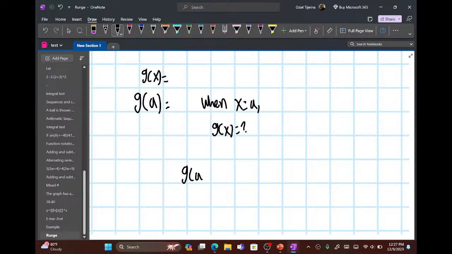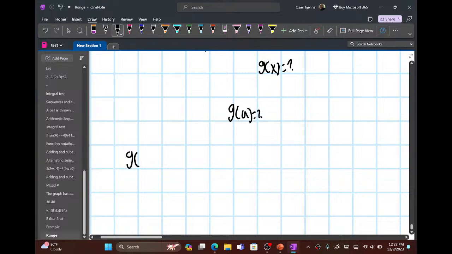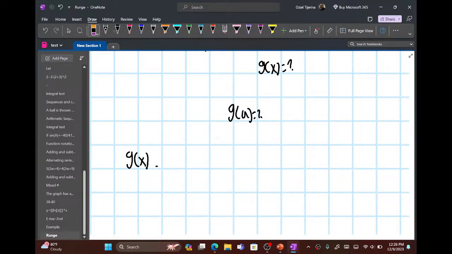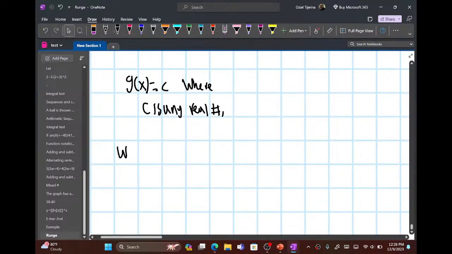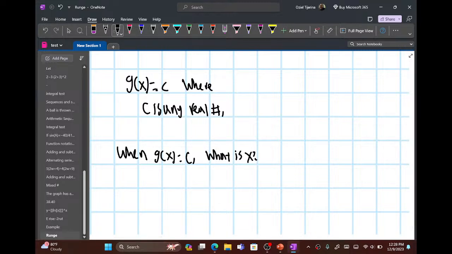Or g of a is what, right? But when we have g of x equals some constant c, where c is any real number, when g of x equals c, what is x? So that's what that means, guys.